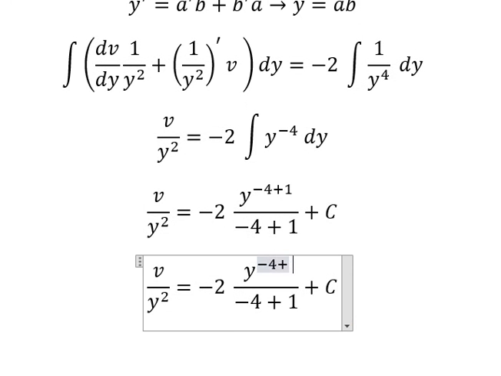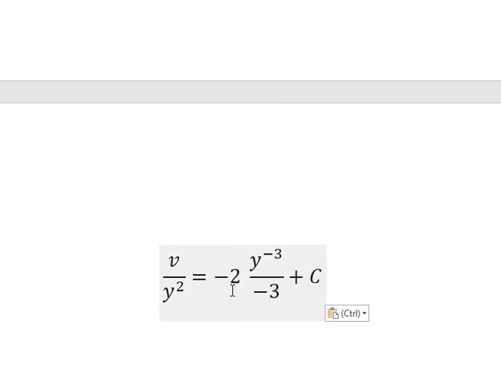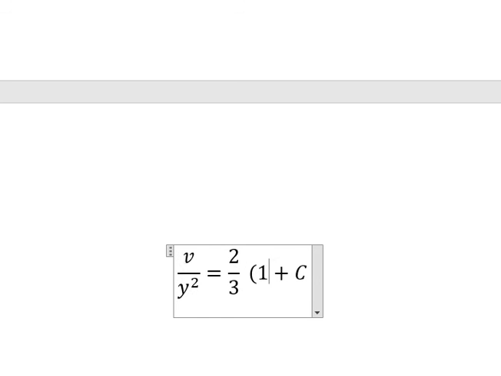So this one we have negative number 3, negative number 3. So negative, negative, we simplify. And this one we can put like this.